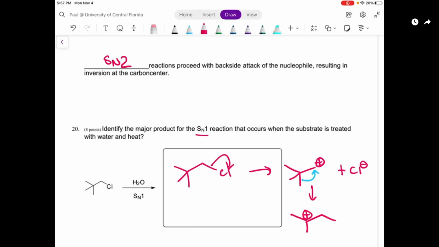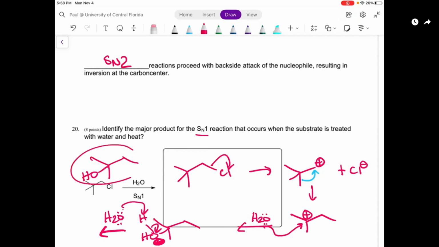Now we have a tertiary carbocation right there that water can come in and attack. And then you would generate this product right here. And then you would do a proton transfer with some water to get our final product that looks like this.